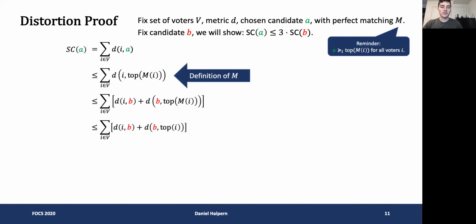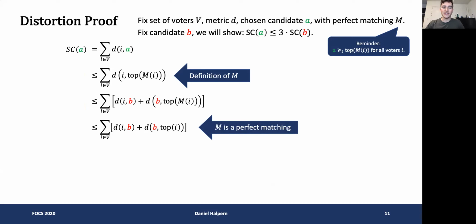What are we doing in this step? Well, if we look at this sum here, particularly this part, we see that we're simply adding up the distance from B, this other candidate, to the top choice of the voter matched with I. But since M is a perfect matching, that simply means we're actually adding up the distance from B to the top choice of each voter exactly once, right?